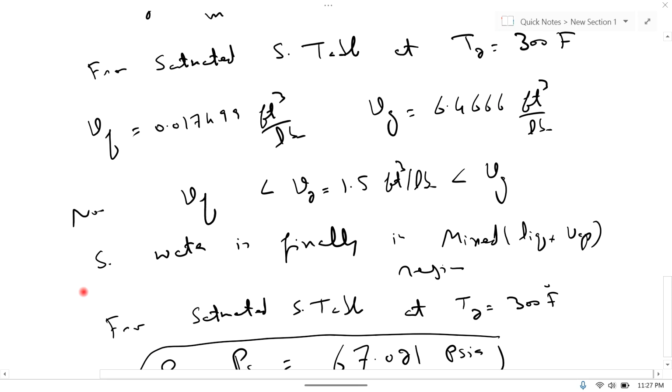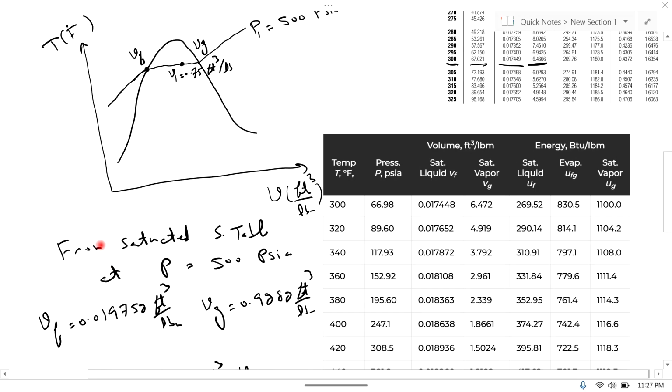Now this is P2, equal to 67.021 psia, and this is the initial state and this is the final state.